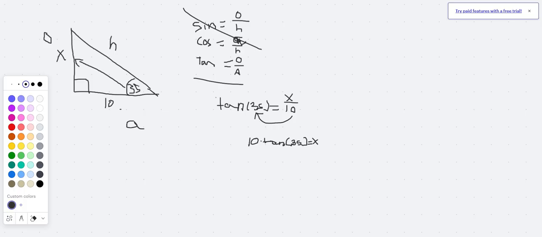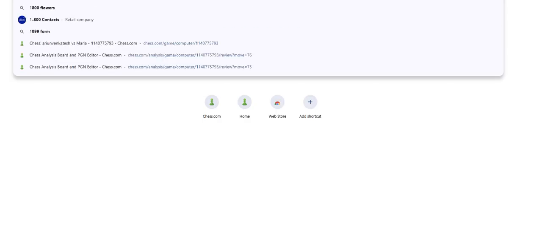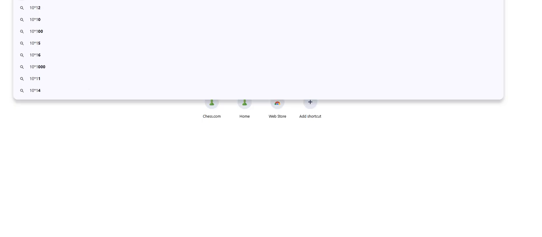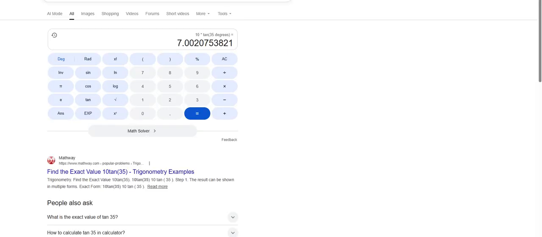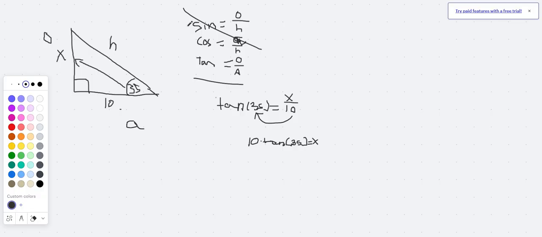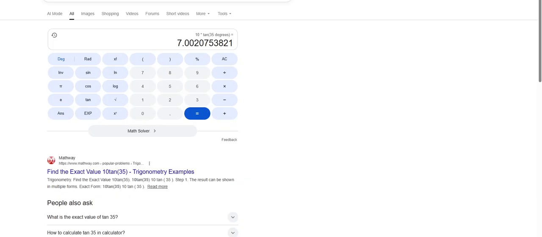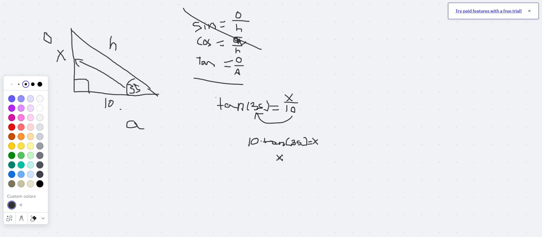But we could say 10 multiplied by tan 35, which gives 7.0. So tan 35 is equal to x by 10. You took the 10 to the other side, you get 10 multiplied by tan 35, you get x equal to about 7. X is around 7.